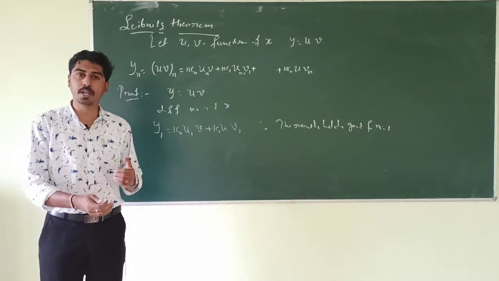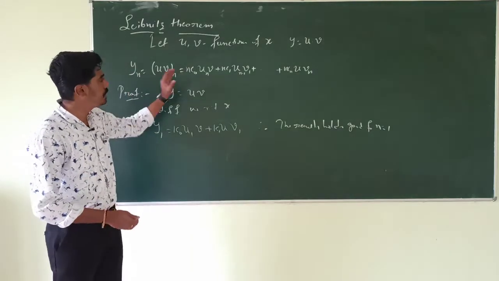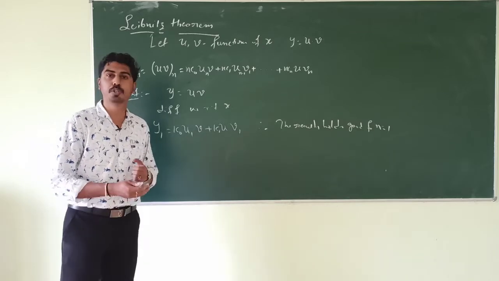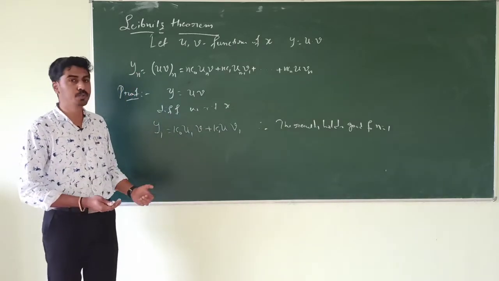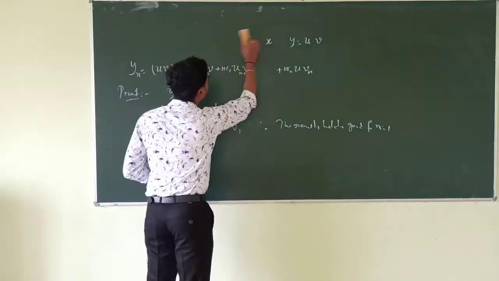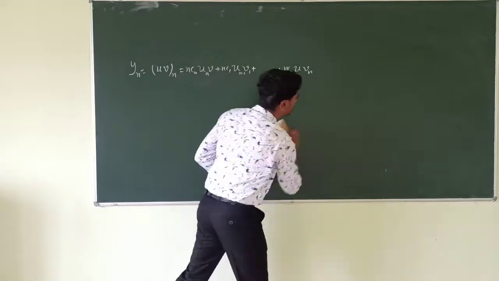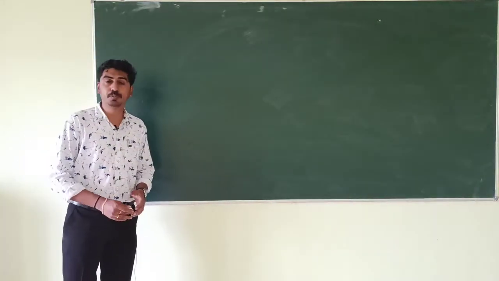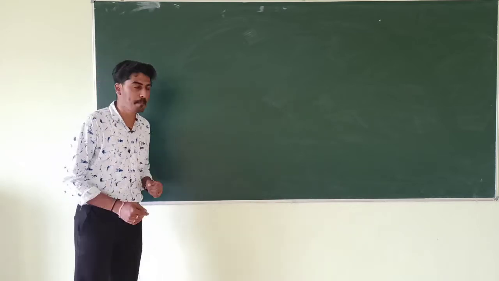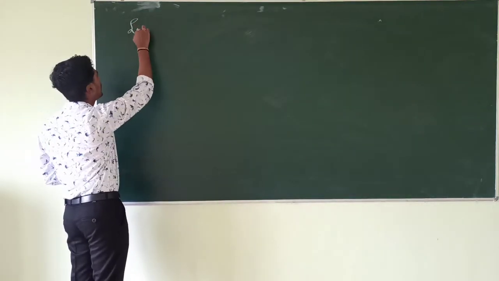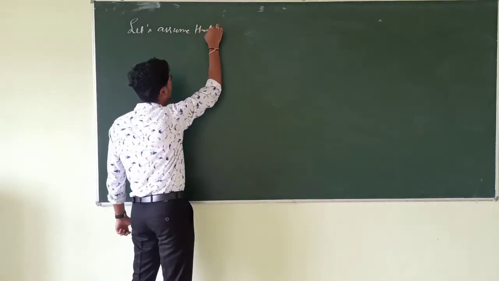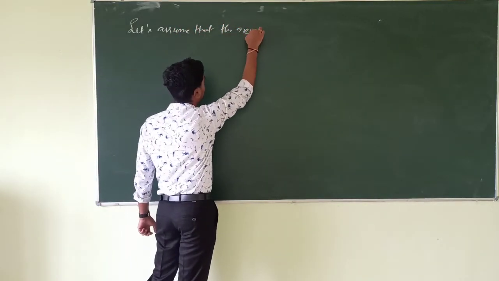Next, I am going to assume that this result holds good for n equal to k, and then I am going to prove that the result holds good for n equal to k plus 1. Now let me assume that the result is true for n equal to k.